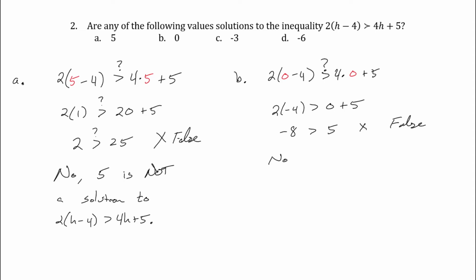So no, 0 is not a solution to 2 times h minus 4 is greater than 4h plus 5.